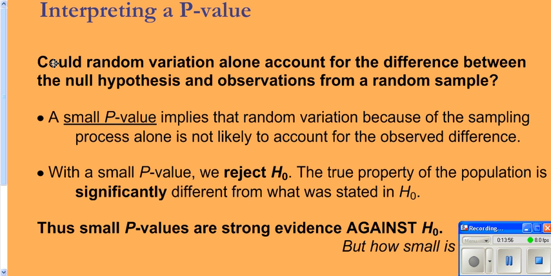So a small p-value tells us that it's not likely to occur by chance alone, that something must be influencing our information. So if we have a small p-value, we want to reject the null hypothesis. And if we reject the null hypothesis, we would say it's statistically significant.